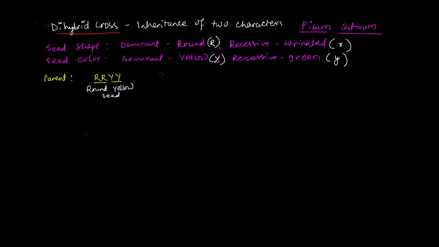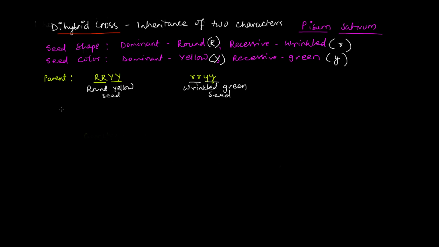Now the second parent that we will take into consideration is going to be the recessive one. In this case we are going to have the wrinkled green seed, and for that we are taking small r, small r, small y, small y.